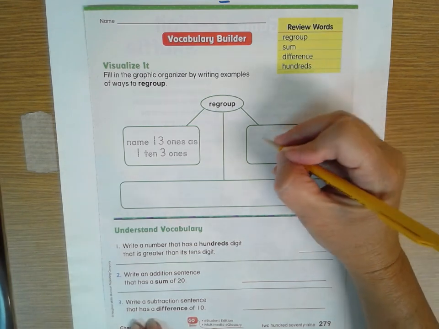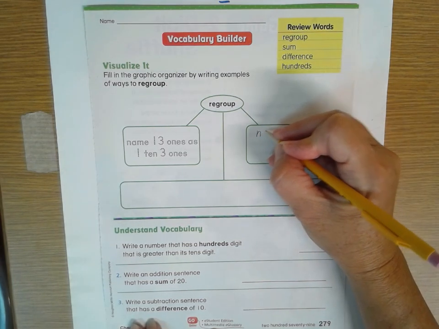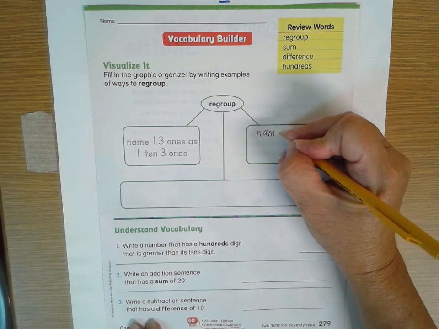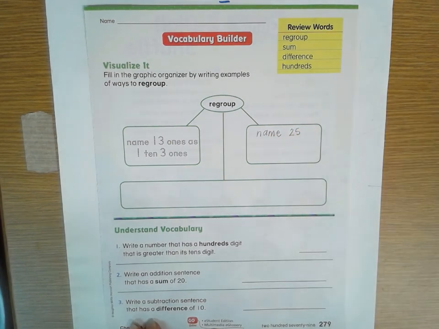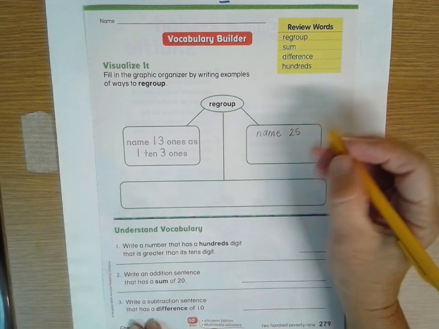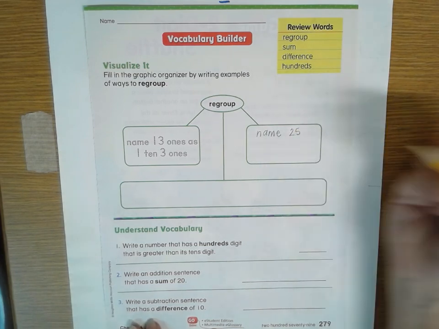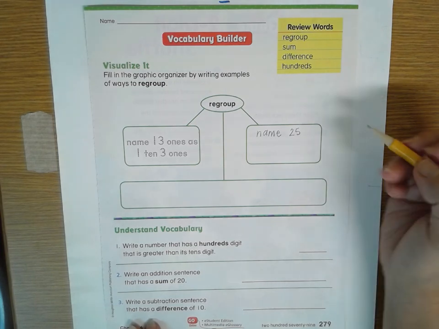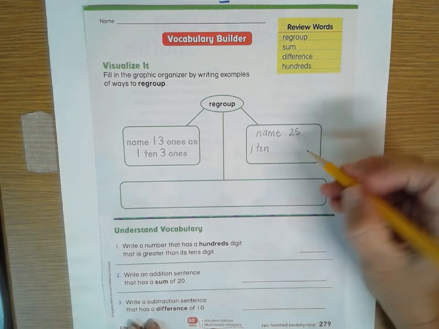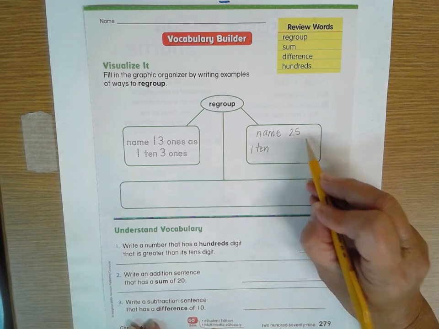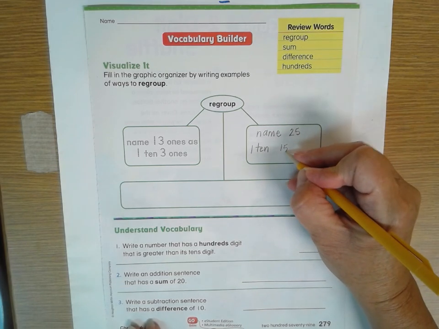We could name 25. Now, it would be easy to say 2 tens and 5 ones, but we can name it another way also. We could say 1 ten, and we could regroup and say 15 ones.